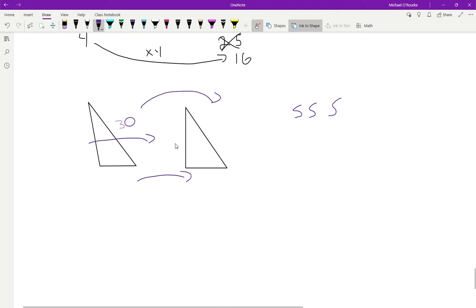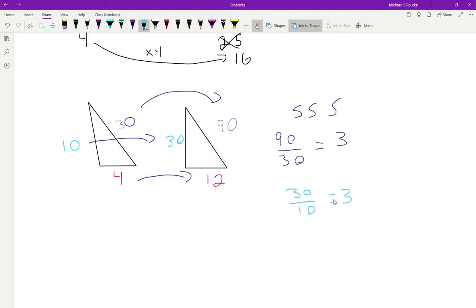This was what? 90. This was what? 10 and 30. And this last one was 4 and 12. Because if I take these and I put them over each other, 90 over 30 equals 3. And if I do the next one, 30 divided by 10 equals 3.